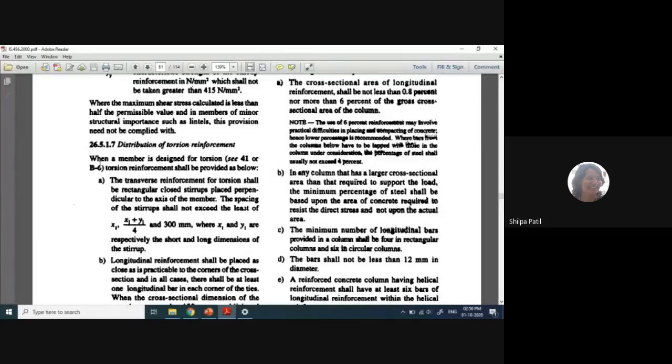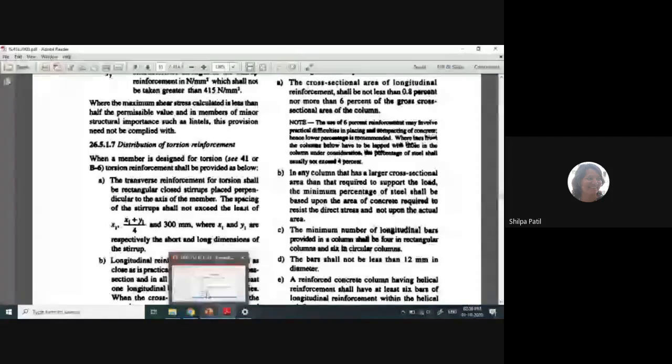What it says: torsion reinforcement shall be rectangular closed stirrups placed perpendicular to the axis of the member. The spacing of the stirrup shall not exceed the least of x1, x1 plus y1 by 4, and 300 mm, where x1 and y1 are respectively the short and long dimensions of the stirrup. This is the criteria for distribution of torsion reinforcement.